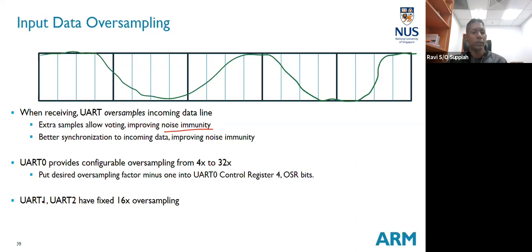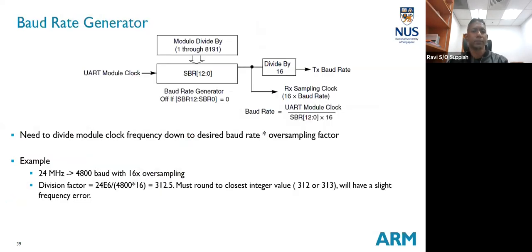In our case, since we are using UART1 and UART2, they have fixed 16 times oversampling. Why this number is important is because when we set the configuration, we need to take this 16 times into account. So that is why we need to know this.